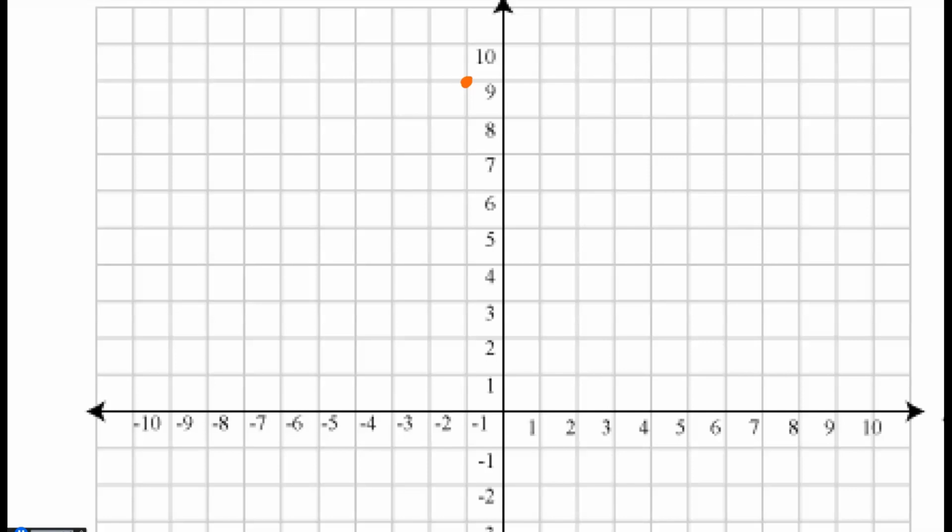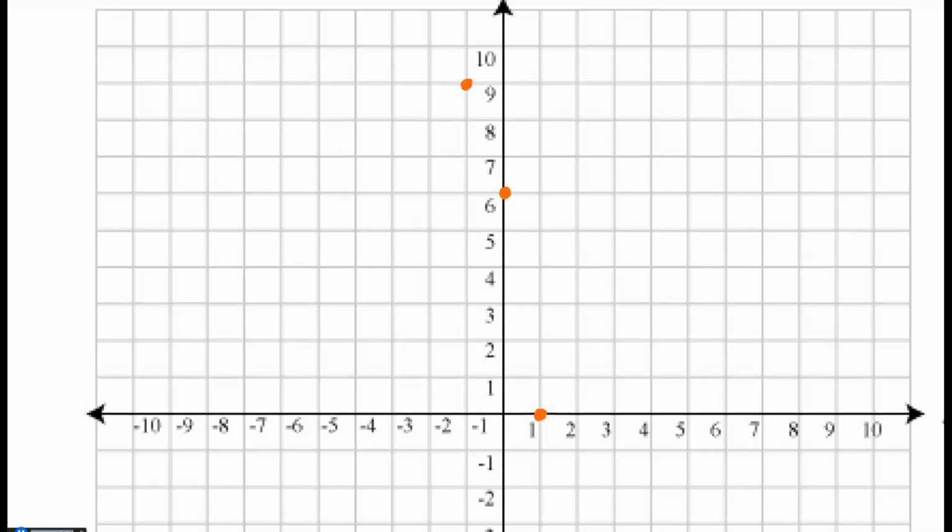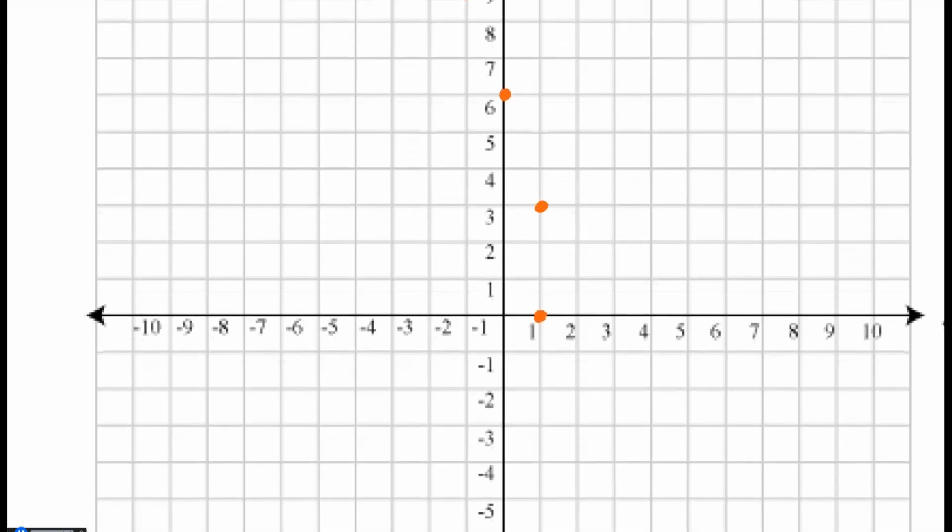Next, we have 0. So right when we're starting at that origin, so x is 0. And then we're moving up to a y of 6. When we have an x of 1, we're moving up to a y of 3. When we have an x of 2, we're moving up.